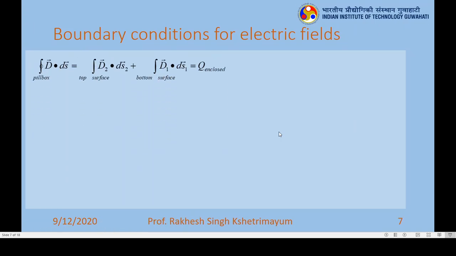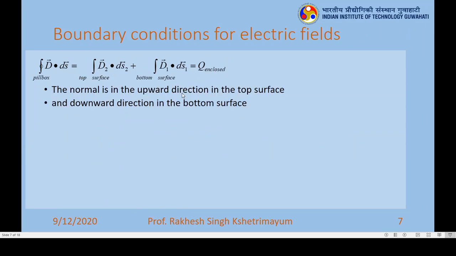So we can write D dot ds, the contribution from the top surface and bottom surface, equal to the charge enclosed, which can be simplified as D2n delta s minus D1n delta s, and the charge enclosed is rho s delta s. So now this delta s is common here, you can cancel it out.